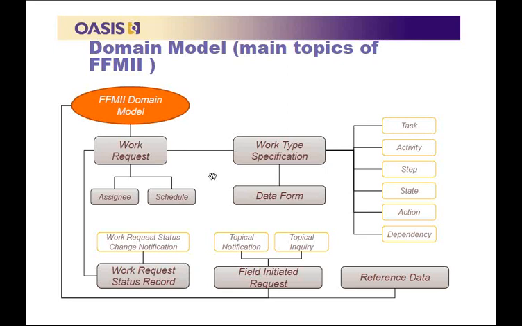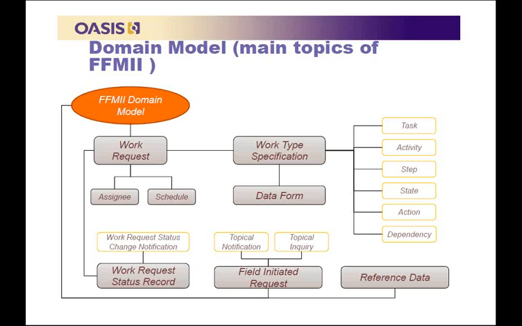The idea of work type specification is that it defines the structure of the work request. For example, the data forms, what data fields are there on each data form, what are their labels, display labels, what types of data are associated with them, and so on.